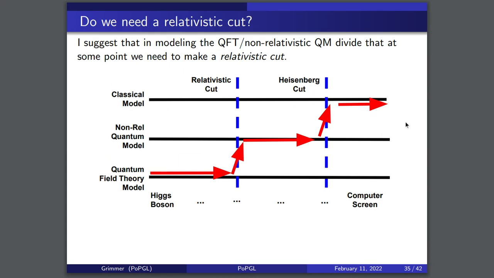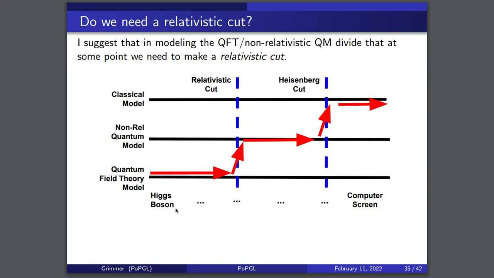So what I'm suggesting here is that when we model measurements which involve quantum fields, we need to make a relativistic cut. When we cross the QFT to non-relativistic quantum mechanical divide, at some point we're going to need to make a relativistic cut in complete analogy with the Heisenberg cut.